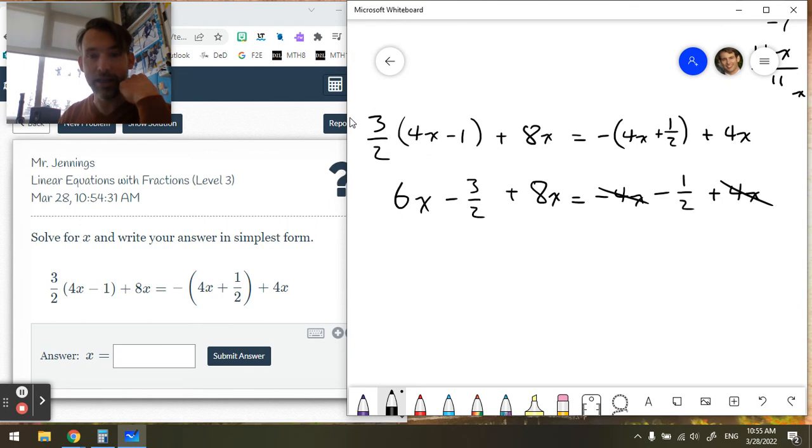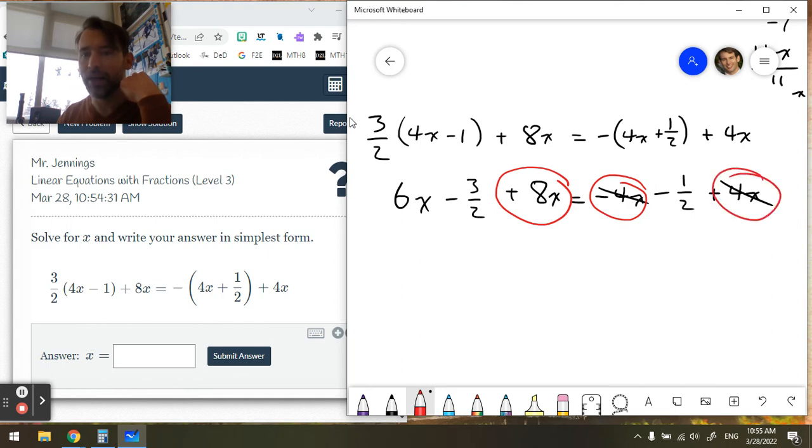So we're going to collect our like terms on this side. I already collected my like terms on that side, but I had 4 apples and I took away 4 apples. It's 0 apples. All right, 8x plus 6x. We're going to combine these terms into 14x. And then we're going to add 3 over 2 to both sides.